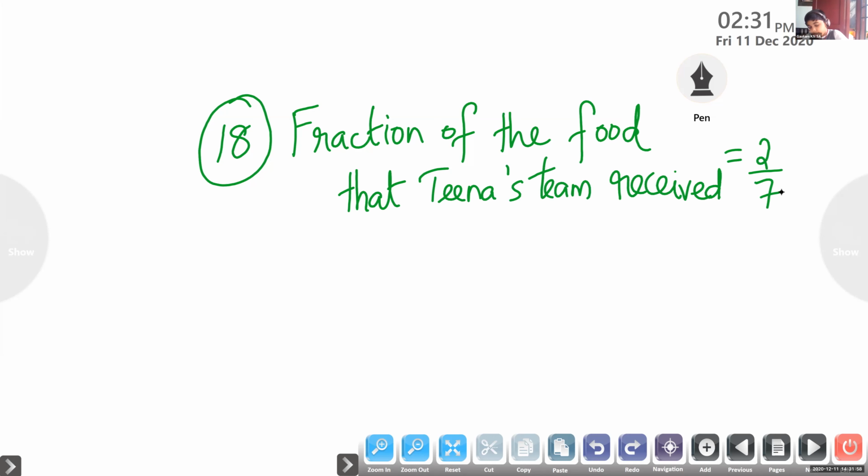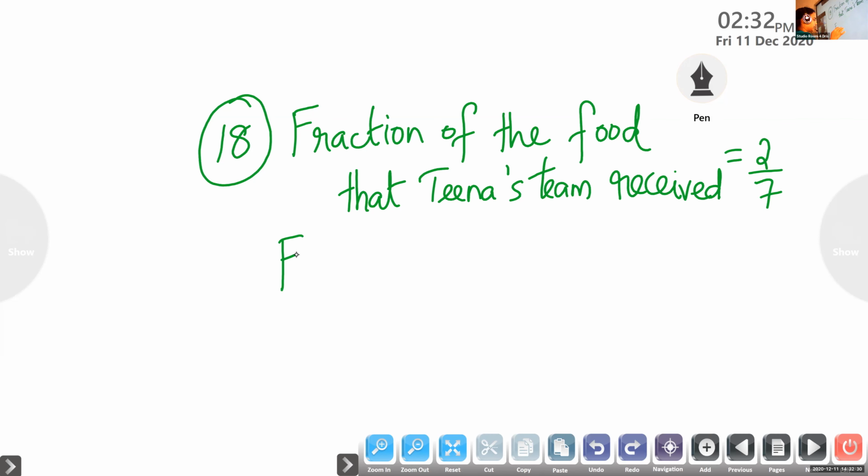Next one. Now, the food was further divided among the team members and Tina received. So, 2 by 7 is what Tina's team together got. Now, from that 2 by 7, the food is divided again, and Tina got how much? 2 by 9 of team's share. Team's share is 2 by 7. So, 2 by 9 of 2 by 7.